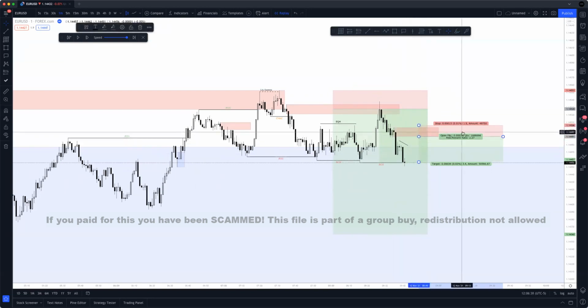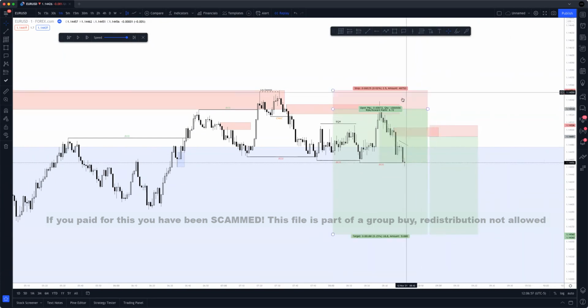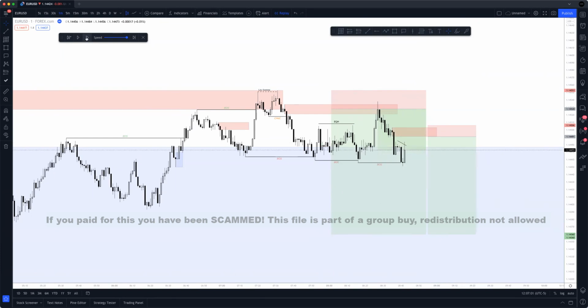We're probably barely going to tap into this block, in my opinion, or my experience rather. So we'll just leave something like this, and same target, just below here. There's a nice 1 to 8 for a scale in, with commissions and stuff like that. So let's just leave that on and we'll see if it ends up playing out.